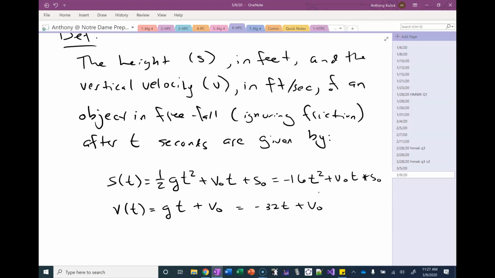What does t represent? Time in seconds. How about v sub 0? I pronounce that symbol as v naught. The initial velocity, very good. S naught would be the initial height.